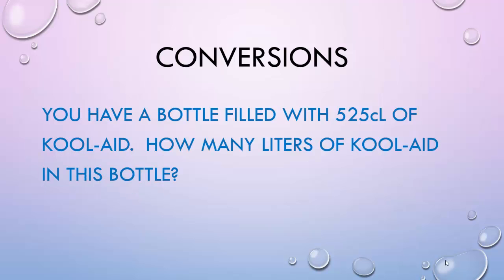So for example, suppose you have a bottle filled with 525 centiliters of Kool-Aid. How many liters of Kool-Aid are in this bottle? Well, you start with the equivalency statement. 100 centiliters equals 1 liter. Since we want to get rid of the centiliters, we're going to use the conversion factor of 1 liter divided by 100 centiliters.